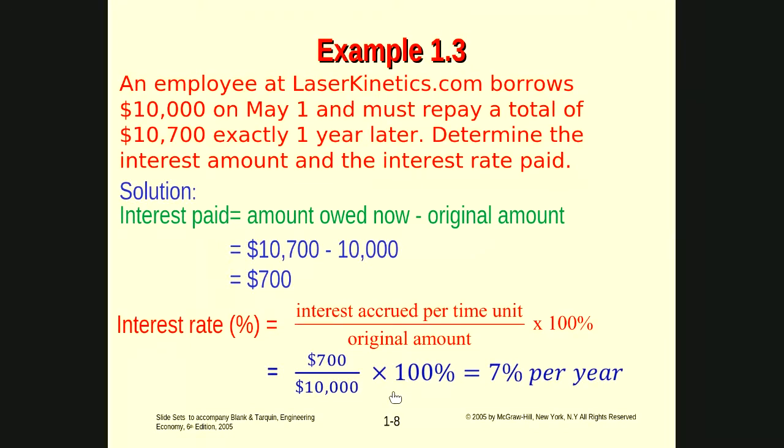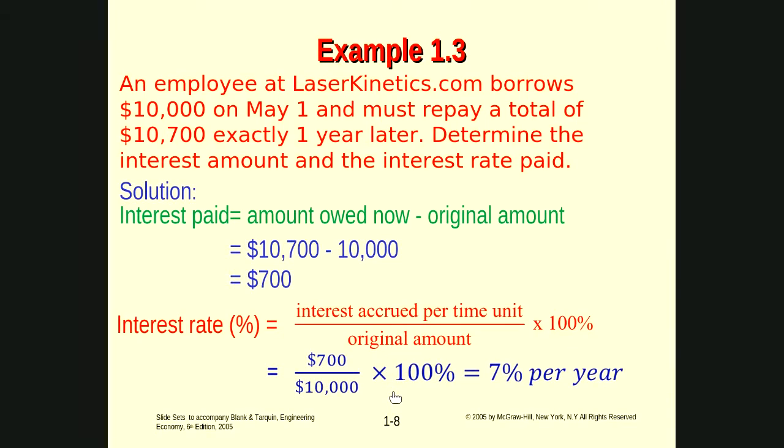Borrows $10,000 on May 1st and has to pay it back one year later, 10,700. What is the interest amount and what is the interest rate paid? Distinguish between interest amount and interest rate paid. There is a difference. The amount is the profit gained on this loan by the company.